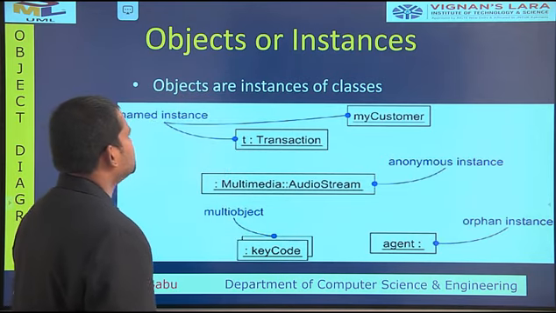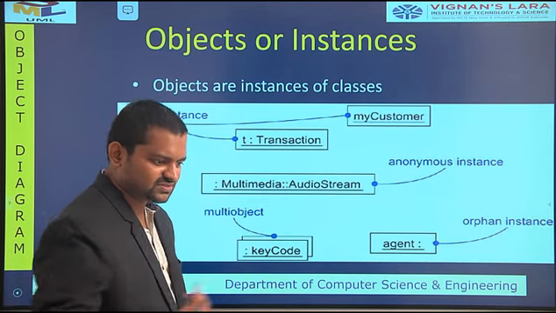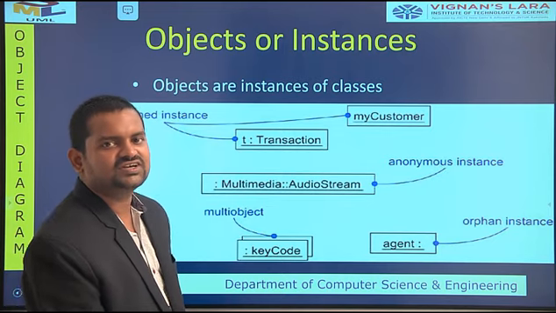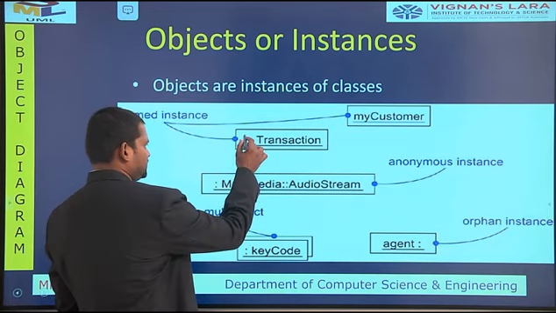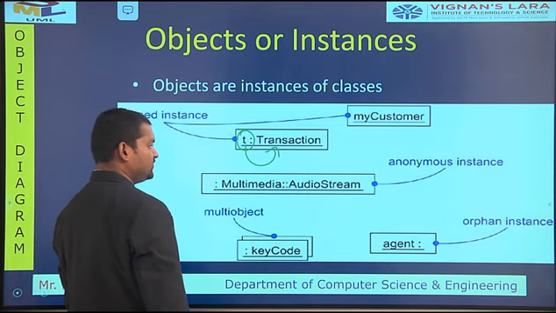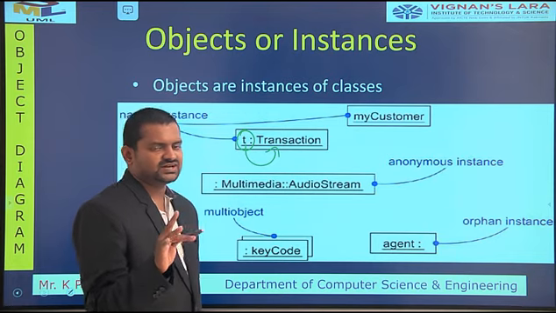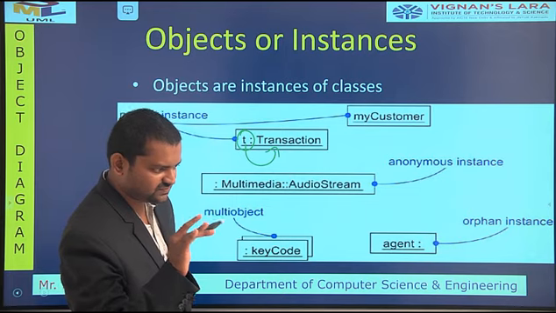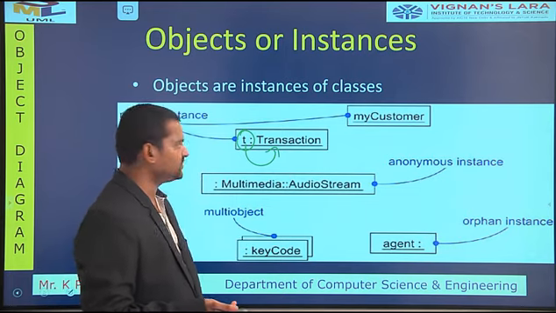Next, objects or instances. We studied all the previous instances, and all of them are represented in this diagram. See, named instance: T is the actual object, and this name will be represented as transaction with an underline. Remember, underline is the most important thing while designing an object diagram. If a name has an underline, it belongs to an object.